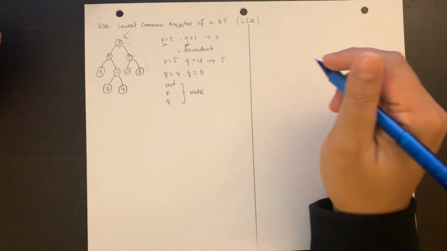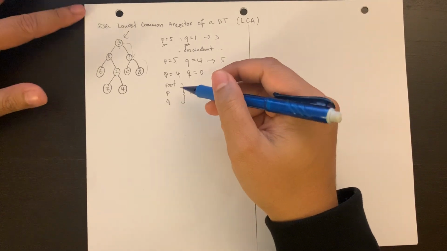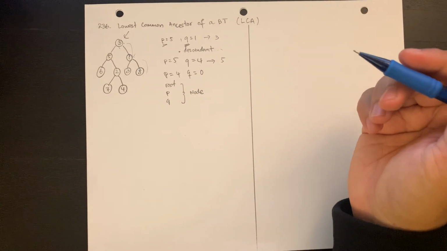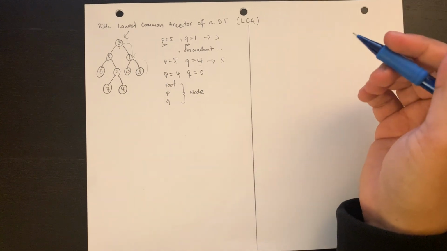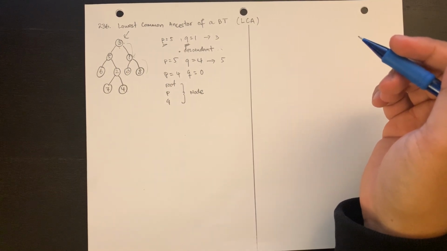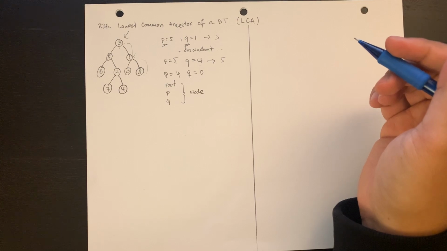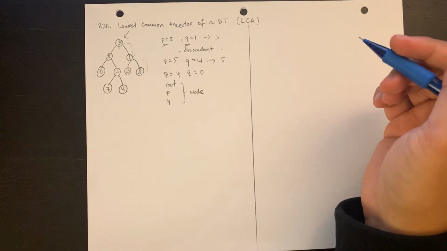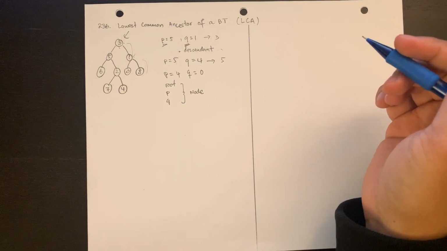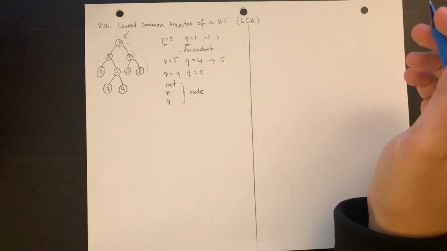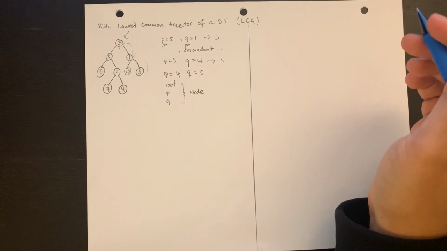Oh yeah, that's something I should ask to clarify: are P and Q guaranteed to be in the tree? Yes.